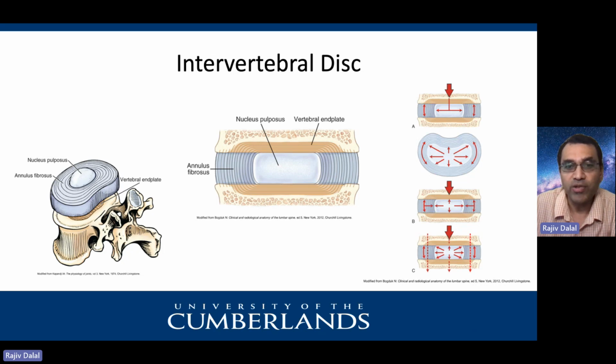The nucleus pulposus is a little bit more gelatinous in nature, and does have a higher water content. It's kind of the central part of that intervertebral disc. And then the outer layers are kind of an arrangement of collagen fibers in a concentric pattern, and that we refer to as the annulus fibrosus, and that provides a lot of the structure and form to these intervertebral discs.